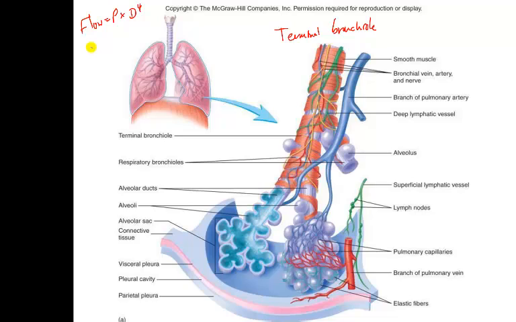And so that's what these smooth muscles accomplish. If you want to increase or decrease the flow of air, you can do it by changing the smooth muscles. So you'll notice that running along the airways all throughout the lung are nerves.